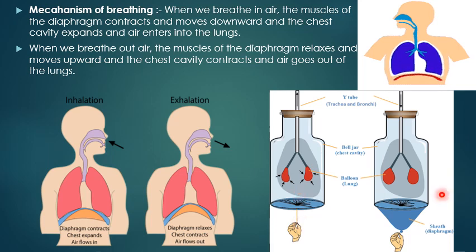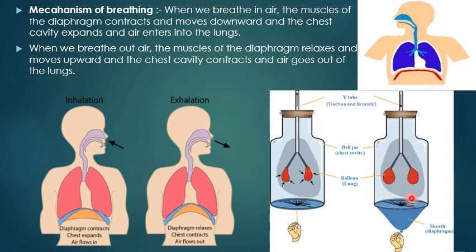So what we observe here: this experiment mainly simulates the respiratory system of humans. The balloons represent the human lungs, got it? This describes the inhalation as well as the exhalation process. During inhalation, the diaphragm moves downward and the chest cavity increases in size, so air enters the lungs.